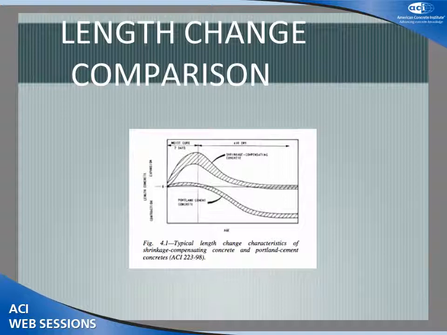Since the shrinkage curve does not go below the horizontal axis, tension forces in the concrete do not develop and shrinkage cracking is thereby prevented. This is the base for developing a mix design with expansion that meets or exceeds the anticipated concrete shrinkage. And the maximum expansion is typically 1/2 of 1% or less, approximately in line with the ambient temperature expansions.